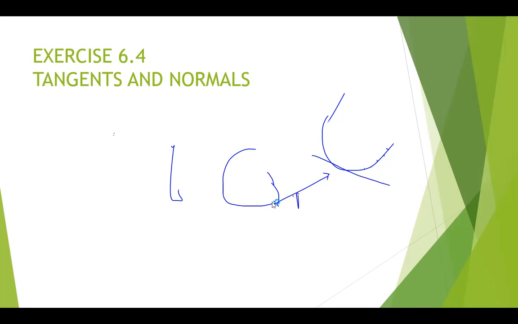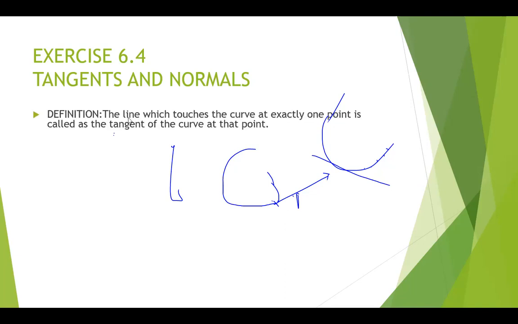So this line is called the tangent, and this point is called the point of contact, the point at which the tangent is drawn. The line which touches the curve at exactly one point is called the tangent. Then how do you find the slope of that tangent?